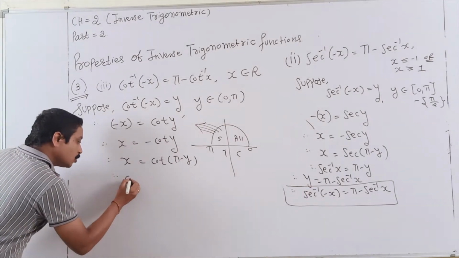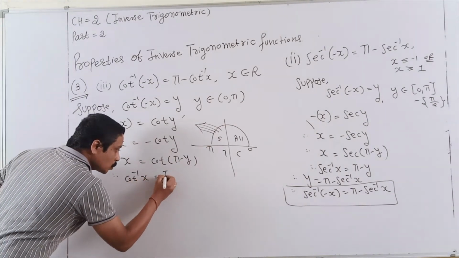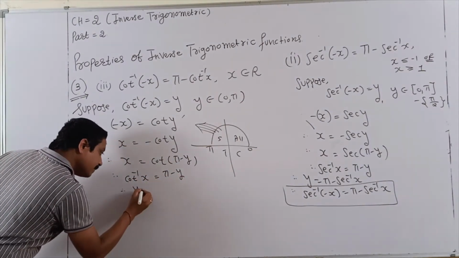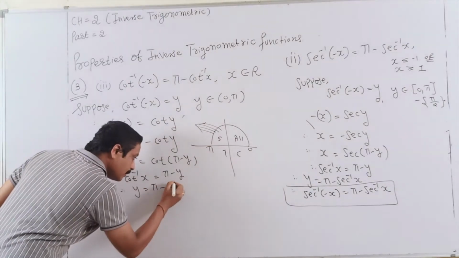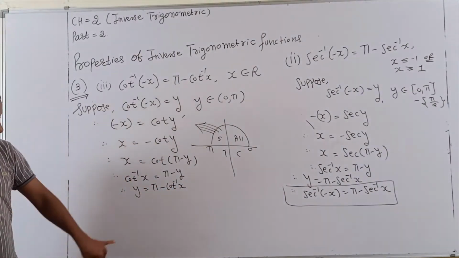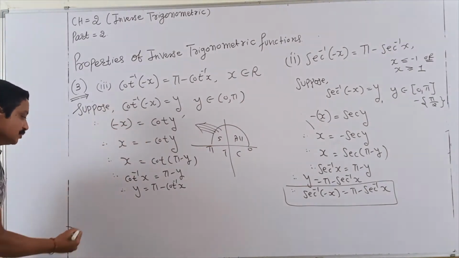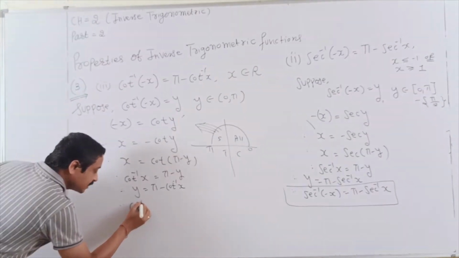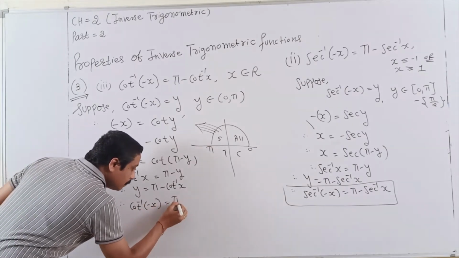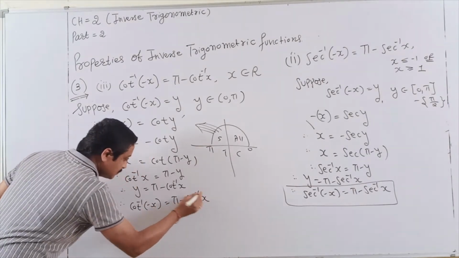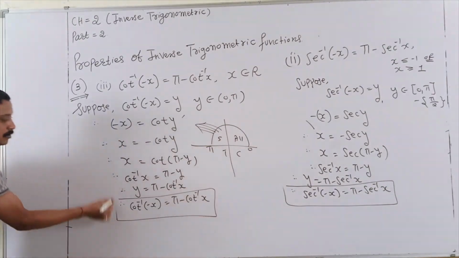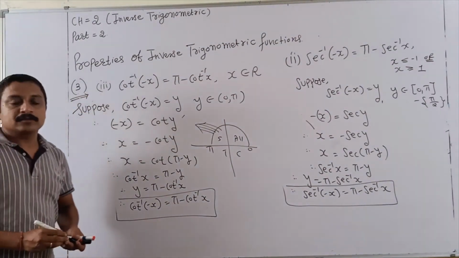So what is the cot inverse x? And y is equal to pi minus cot inverse x. Now students, this y value already I suggested, and take the values. So cot inverse minus x is pi minus cot inverse x. That's done, our property third.